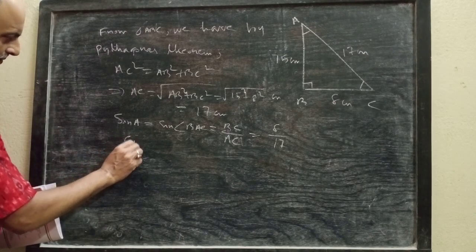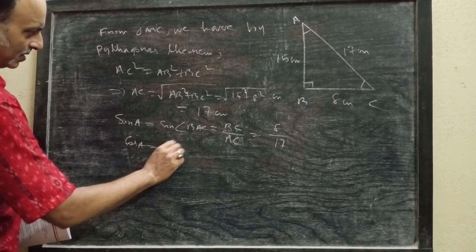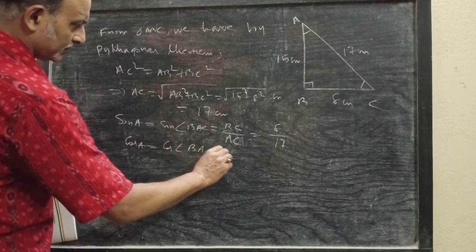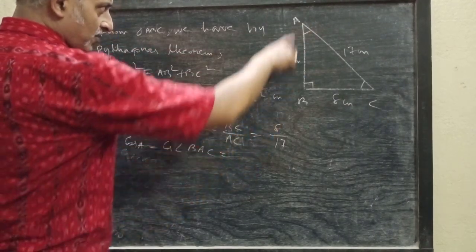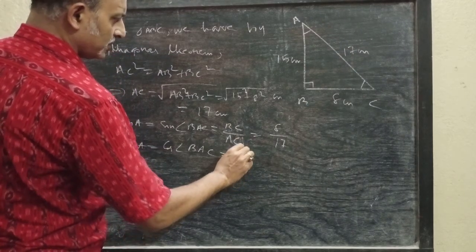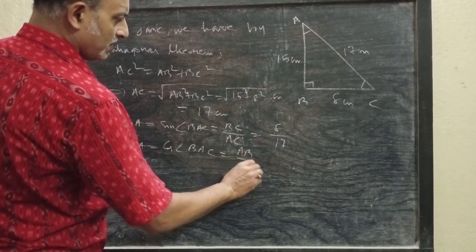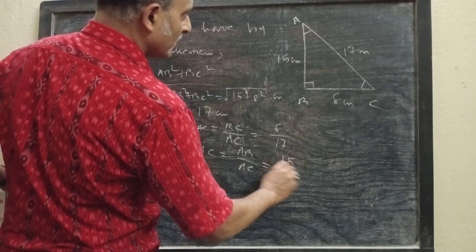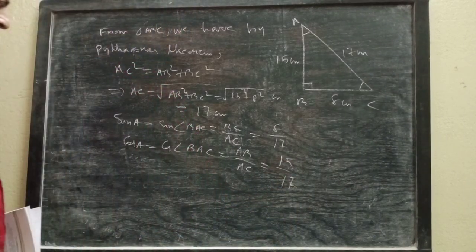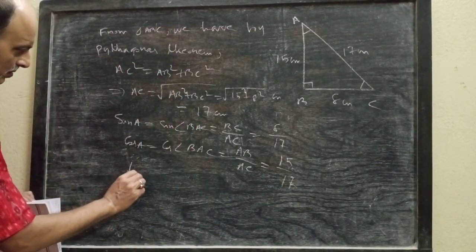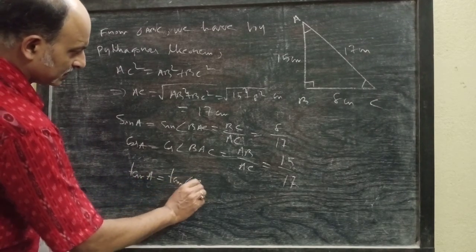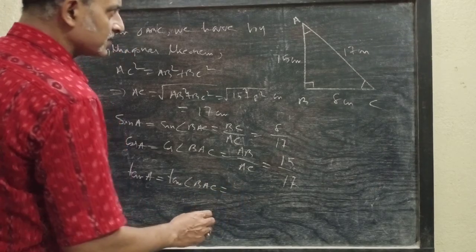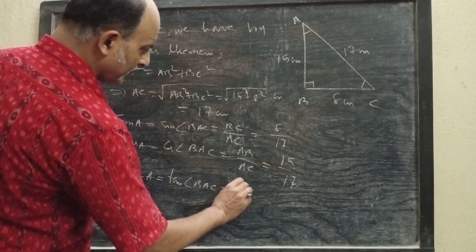Next, cos A. That means cos angle BAC. With respect to this angle, base will be AB, base by hypotenuse. So this will be AB by AC, 15 by 17. Tan A. Tan angle BAC. This will be BC by AB.